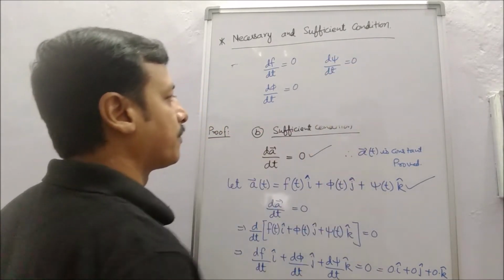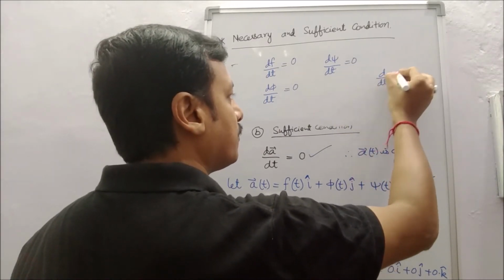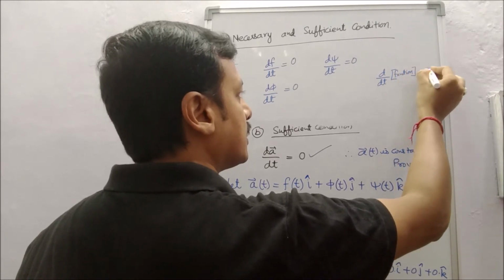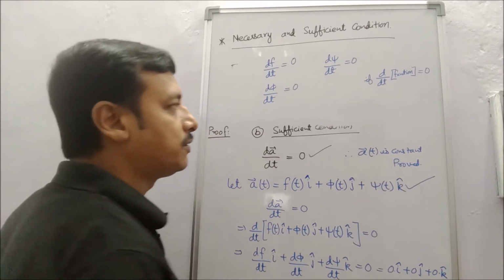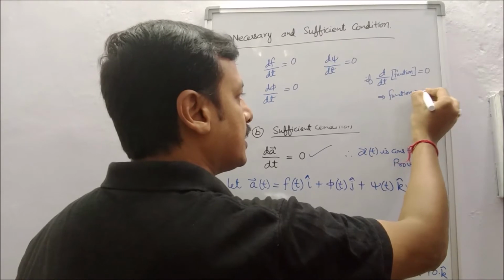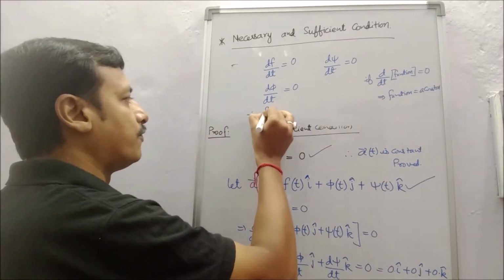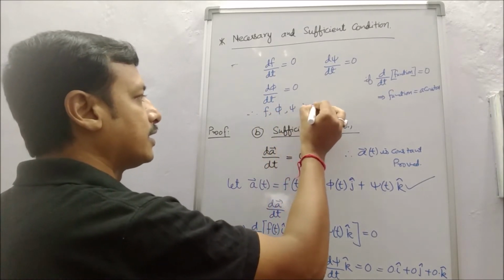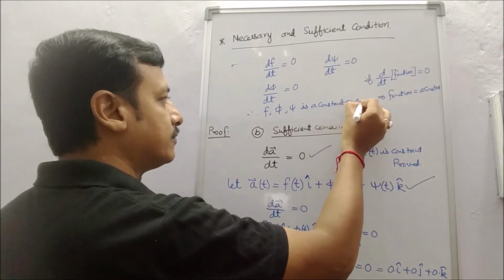is equal to 0. We know that if differentiation of any function is equal to 0, then that function is a constant. Therefore, f, phi and psi are constant scalars.